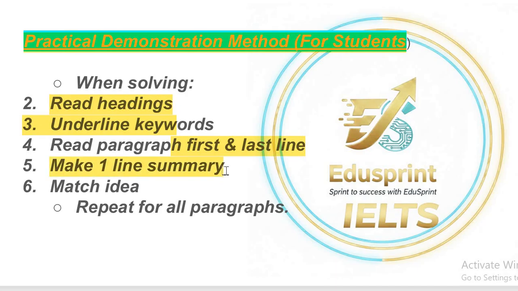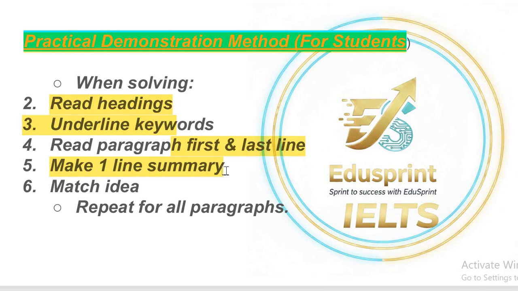And the third step is to make a one-line summary. After reading, pause for 2 seconds and ask yourself, what is this paragraph mainly about? And answer in one simple sentence in your mind. For example, the paragraph explains the benefits of renewable energy.